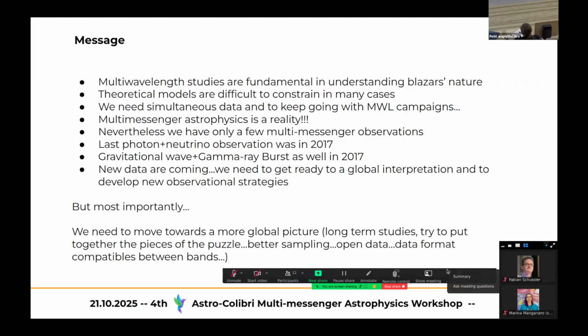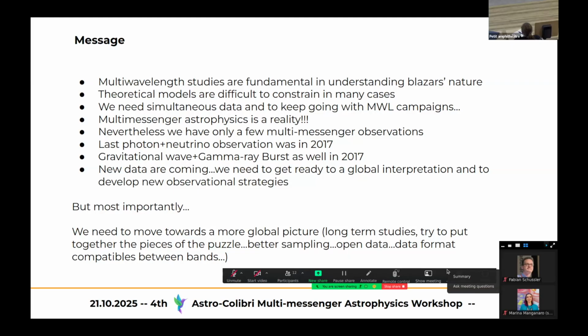So what is my point? To make this really physically important, we need data that are as simultaneous as possible. What does it mean? We need to coordinate to get this data. And this we know, we try many ways. We have a lot of alerts. We have Astro-COLIBRI to be also more sure of what happens.